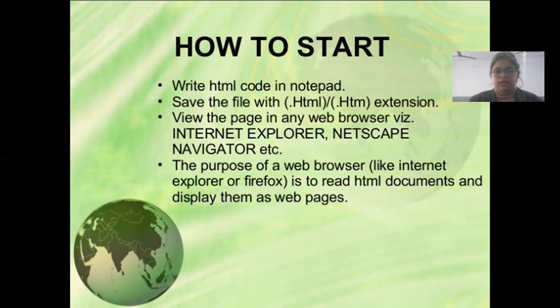Here comes the third part: where to open and check the result. In order to do this, we have to open a web browser. Any sort of web browser you can use. Internet Explorer is one of them, Google Chrome, and there are many others. Netscape Navigator is one of them, etc. Various examples are provided.